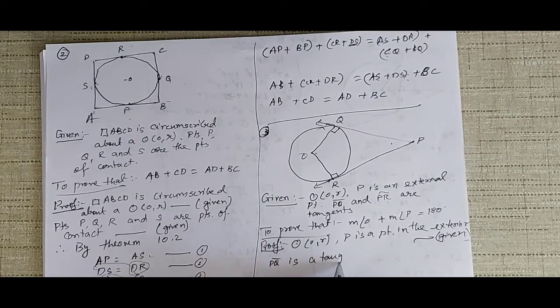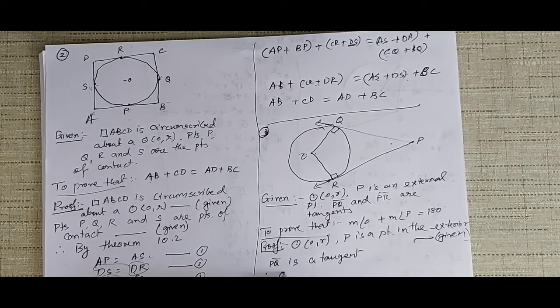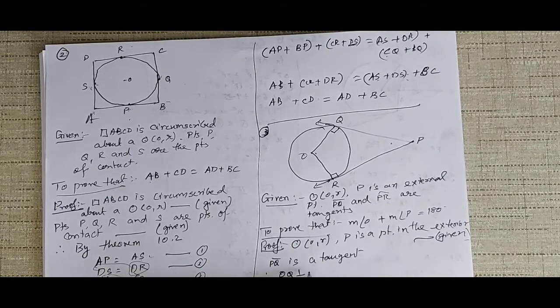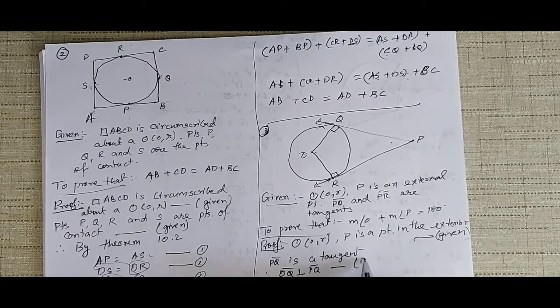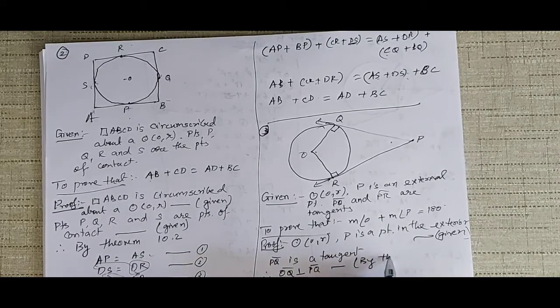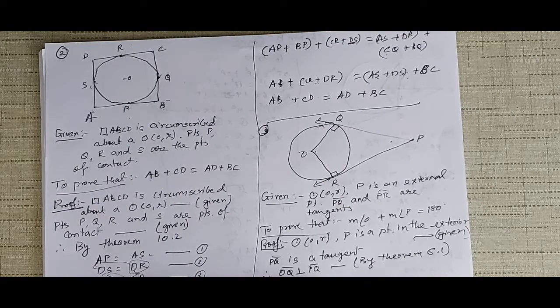PQ is a tangent. Therefore, you can say that OQ is perpendicular to PQ by theorem 6.1. Okay. Therefore, measure of angle Q is 90 degrees.